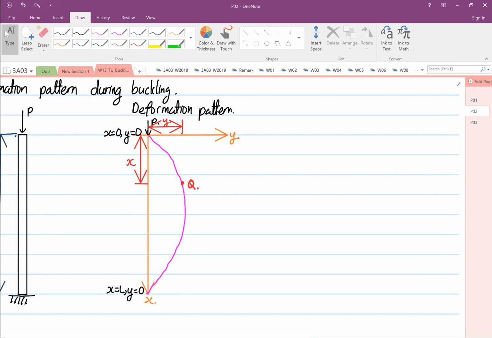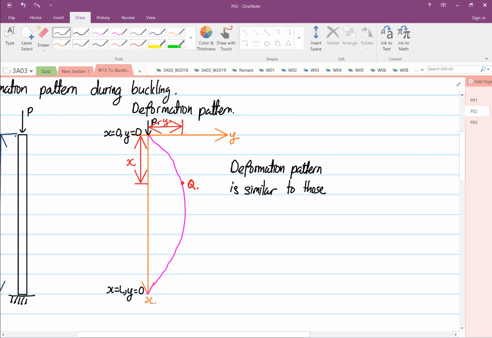The deformation pattern that you see is similar to those induced by bending moment.